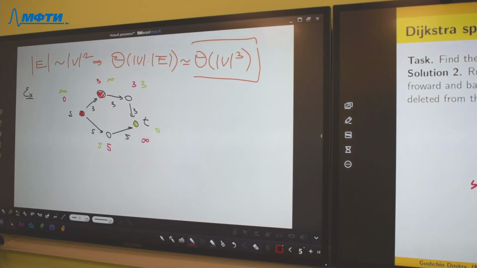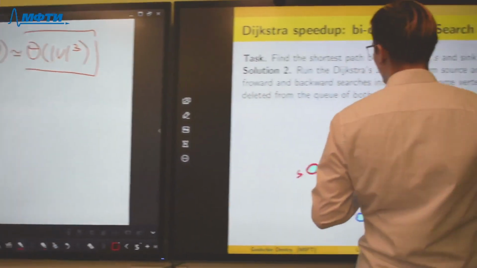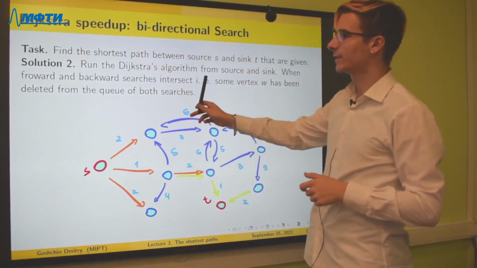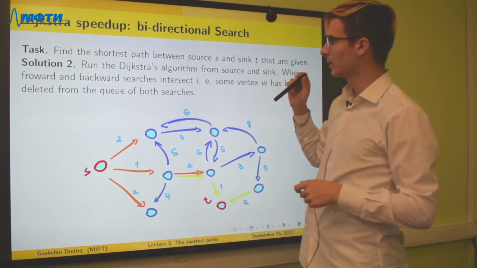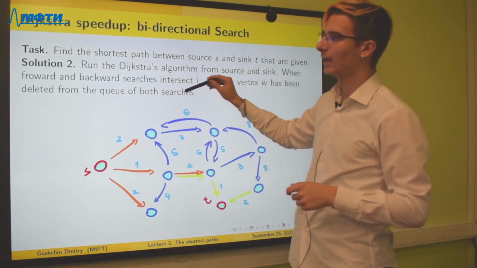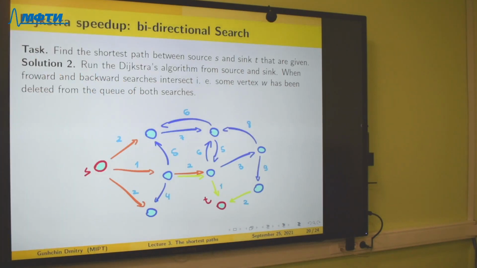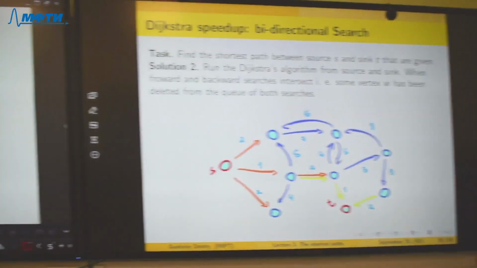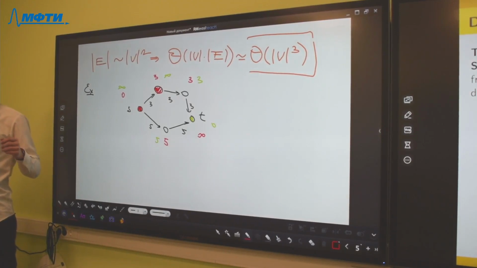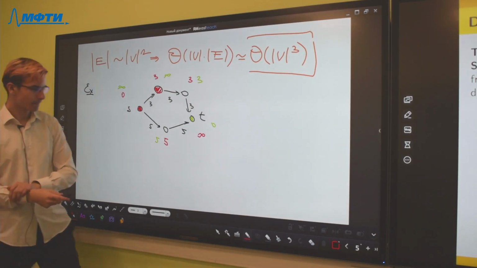These vertices will be in both of the queues. When searches intersect, you need to understand it like this: when we extract some vertices from both algorithms' queues, then we execute our algorithm and end it.